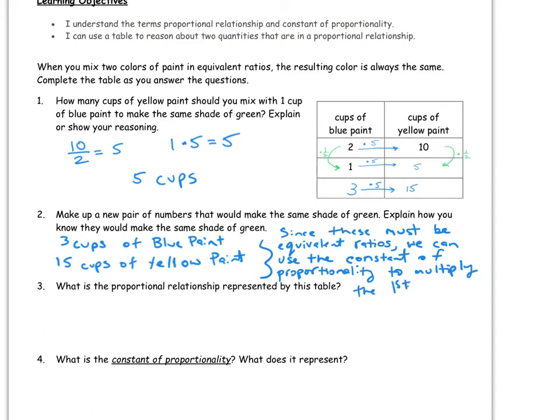I think I said row before, it should be column. So yes, you did need to have this written explanation. If you did not, pause this video and go ahead and copy down what I have written down.